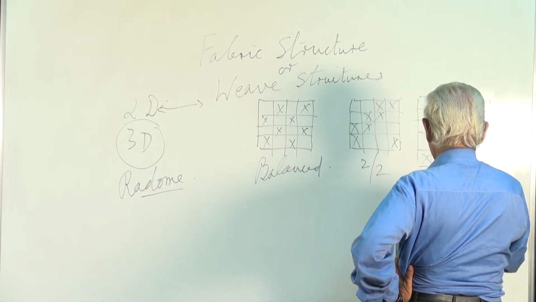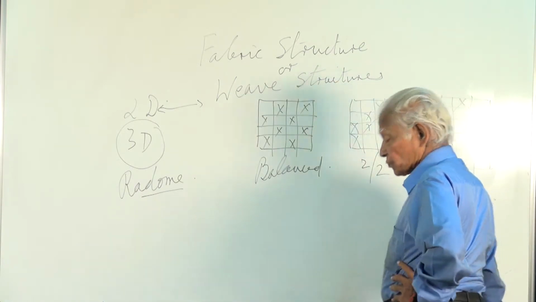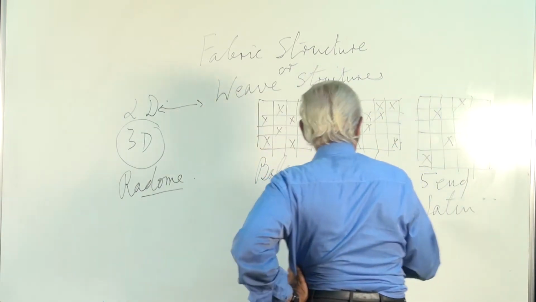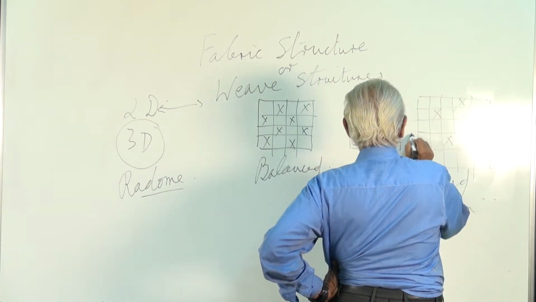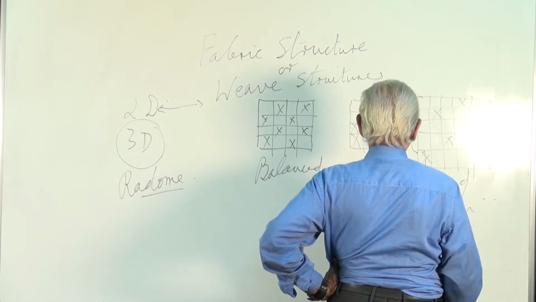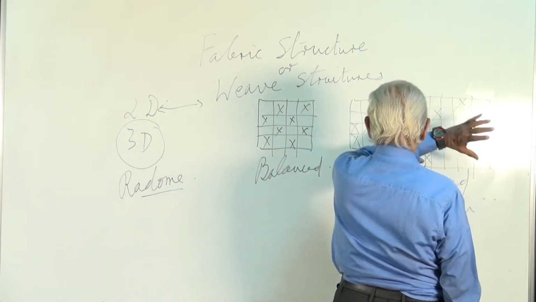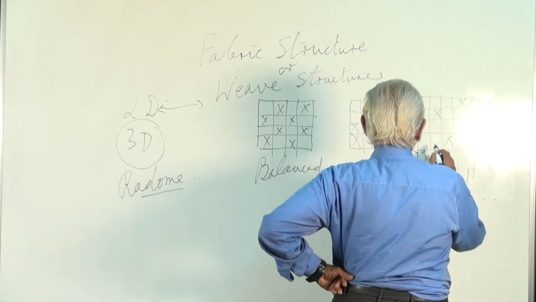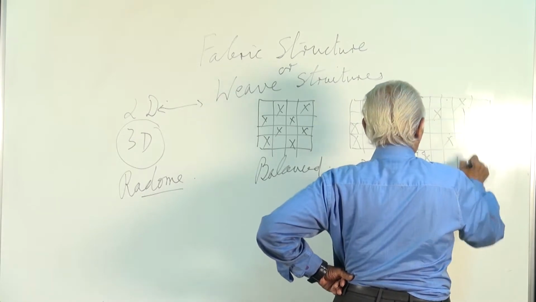Five-end satin. And if you look at the satin weave, the one end is there, it goes behind 4 picks. That means there is a big float in the weft direction. So also here there is a big float. There is a float here, there is a big float here.